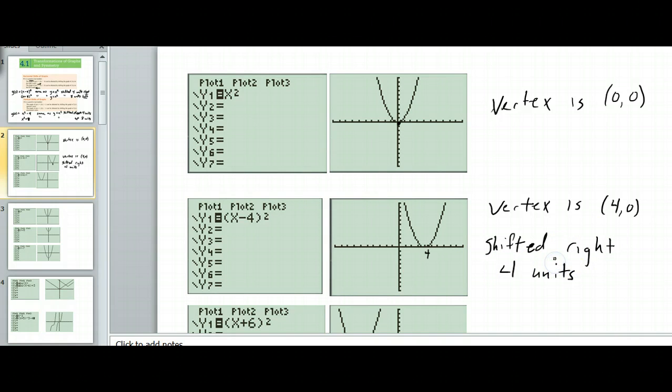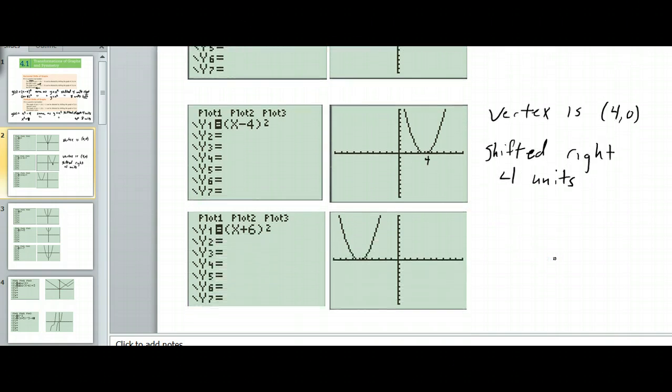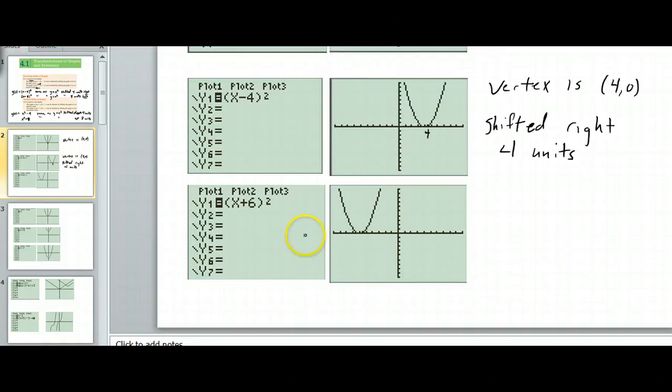Alright, and then if we look at this one, this is x plus 6 squared. So because of the plus, that's going to shift it to the left. This shifts it to the right. And then there's 1, 2, 3, 4, 5. This is negative 6.